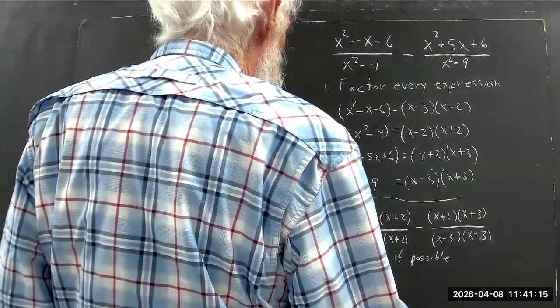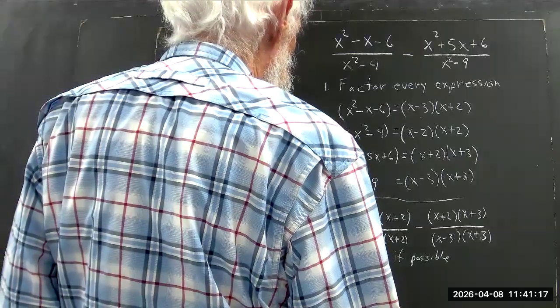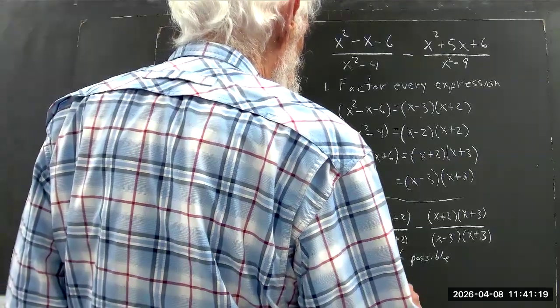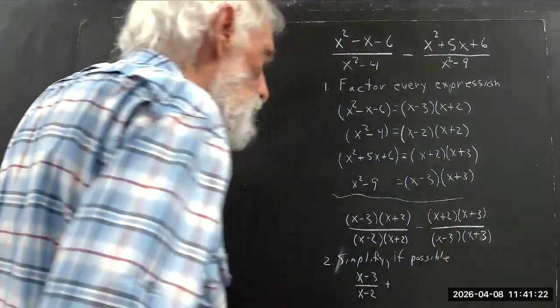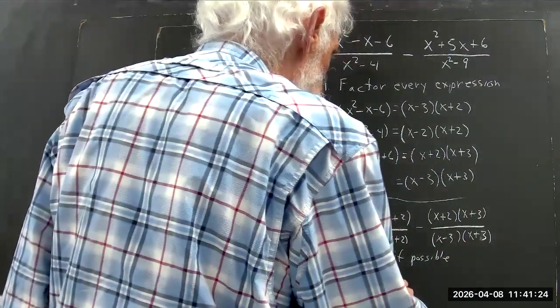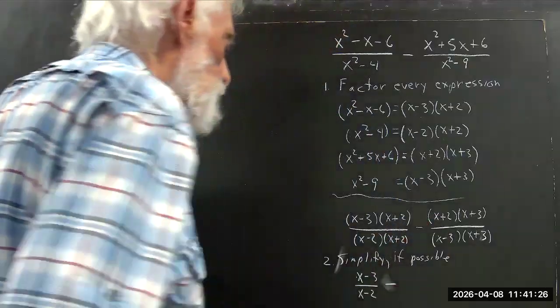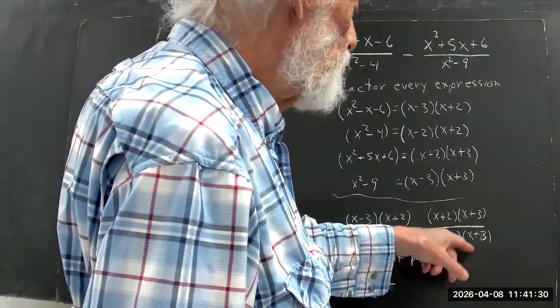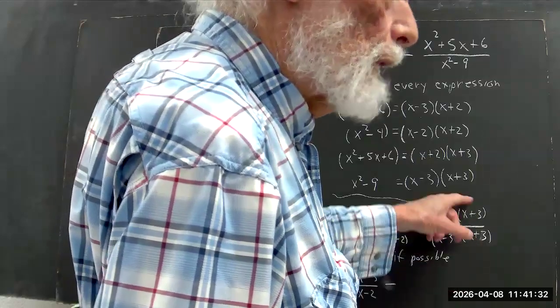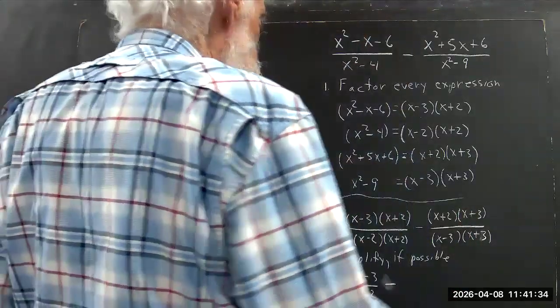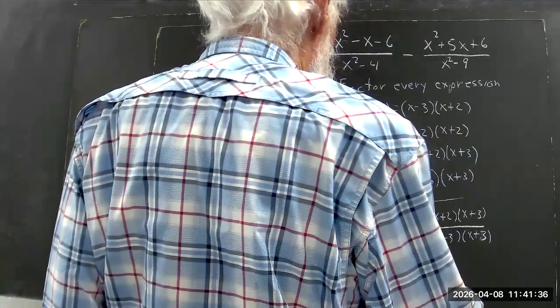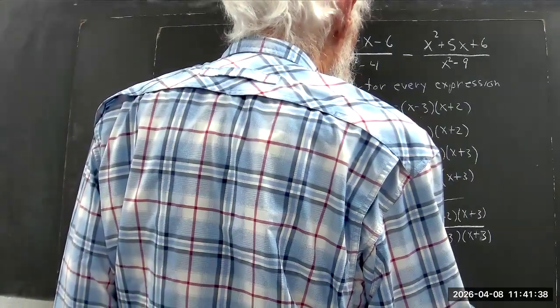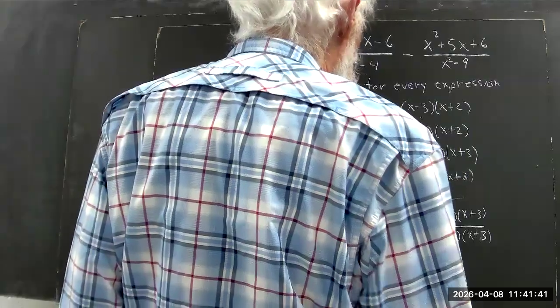So the first fraction just becomes x minus 3 over x minus 2. The second rational expression, which is subtracted, excuse me, for writing the plus sign. Very similarly, we have the x plus 3's that divide out. And we get x plus 2 over x minus 3.